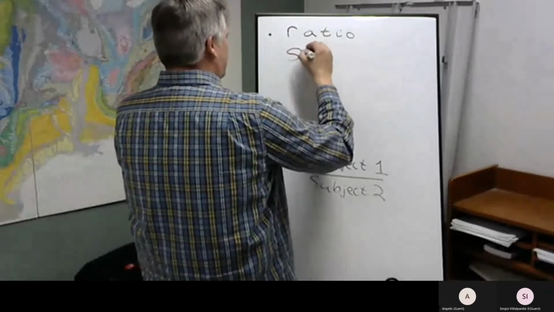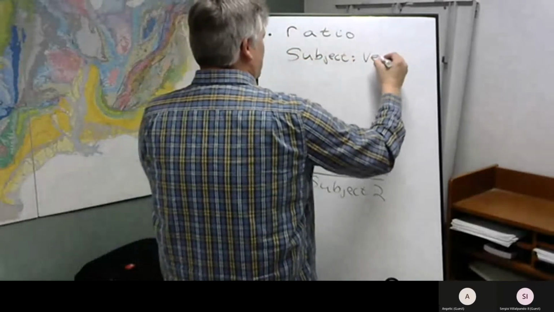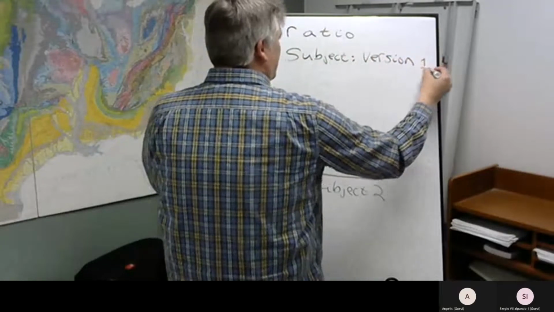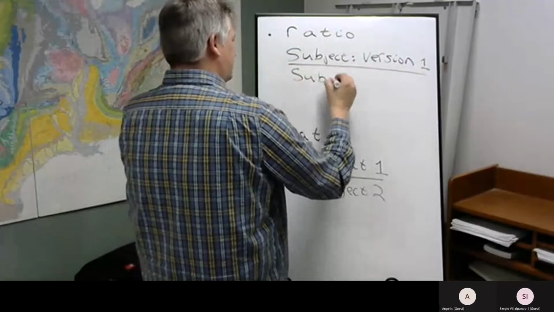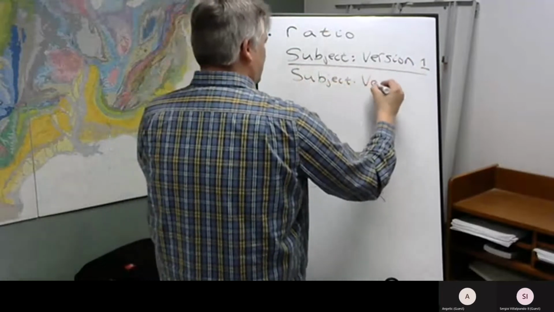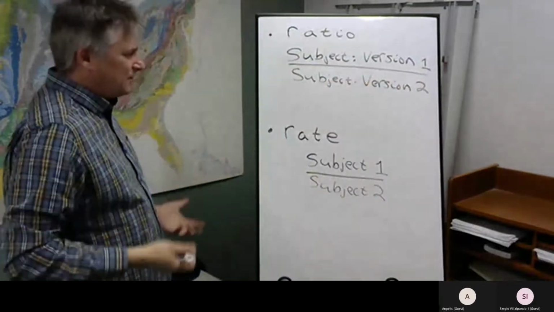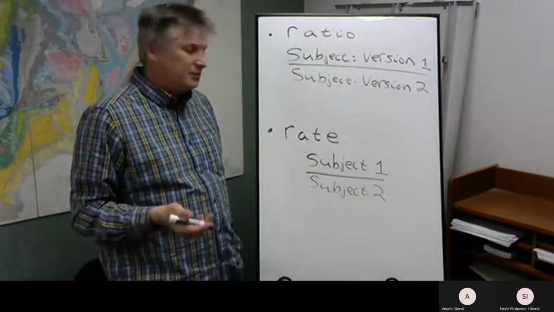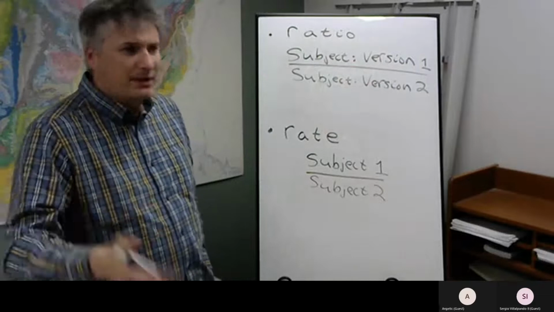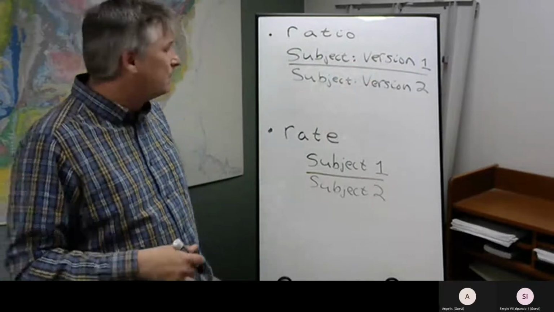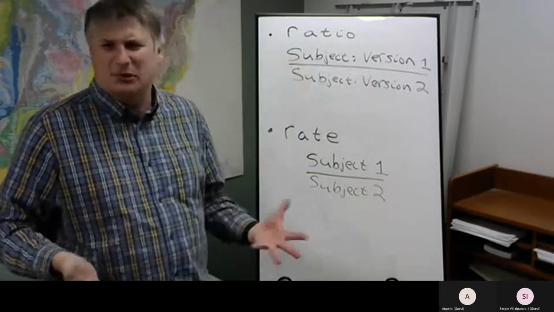So we have a subject, version 1, and a subject, version 2. Now this might seem kind of strange. We're going to talk about rates and ratios today. Again, rates could be two vastly different things, like money and pounds, distance and time. But with a ratio, we're talking about the same kind of subject, just different versions of it.